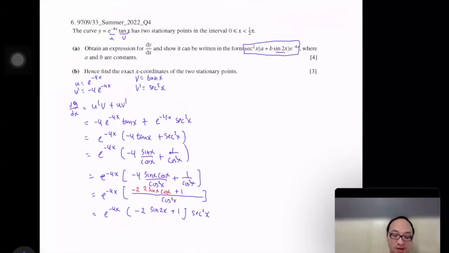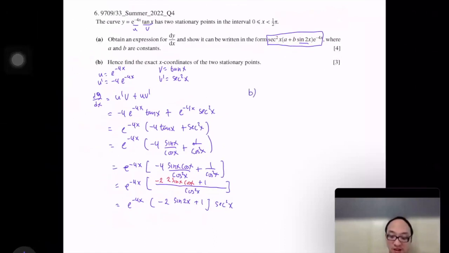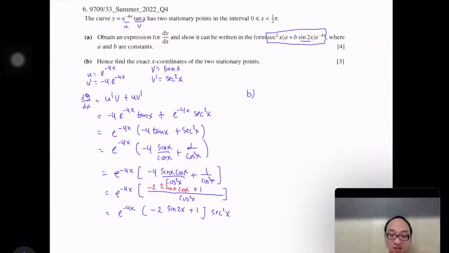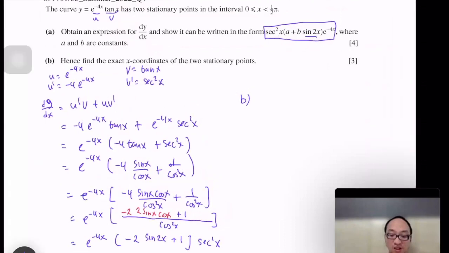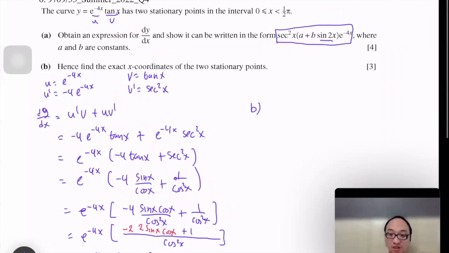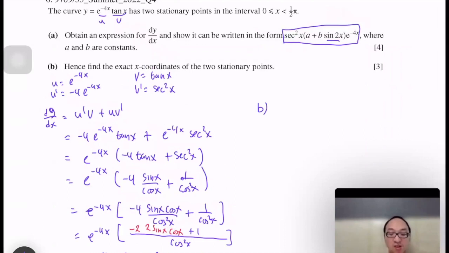Okay, B. Hence, find the exact coordinates of the two stationary points. So that means we make dy/dx equal to 0. So e^-4x, 1 minus 2 sine 2x, secant square x equals 0.